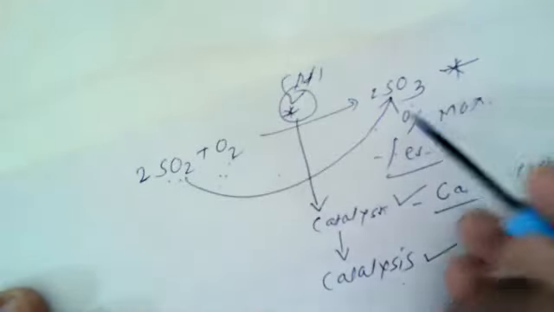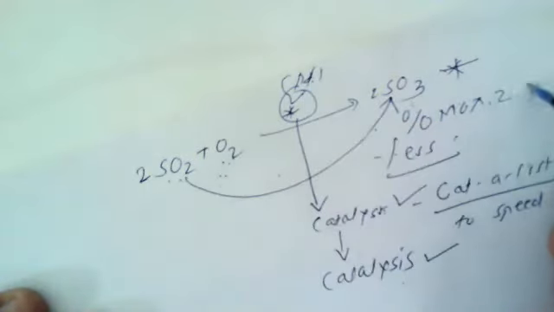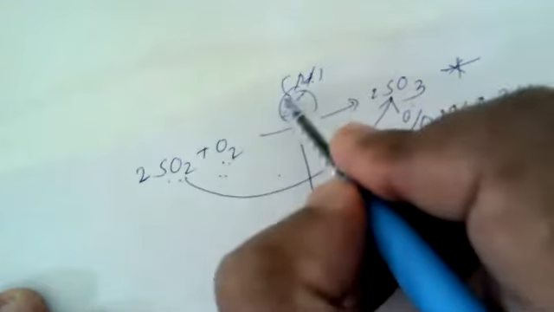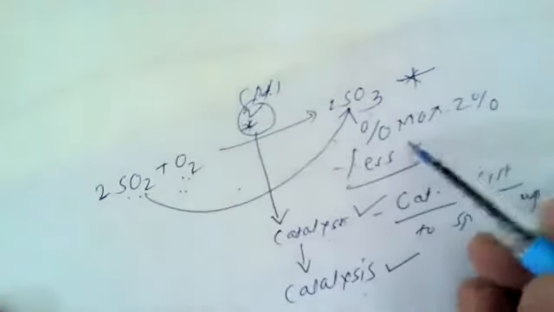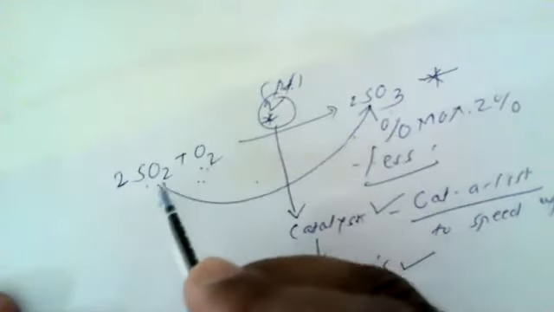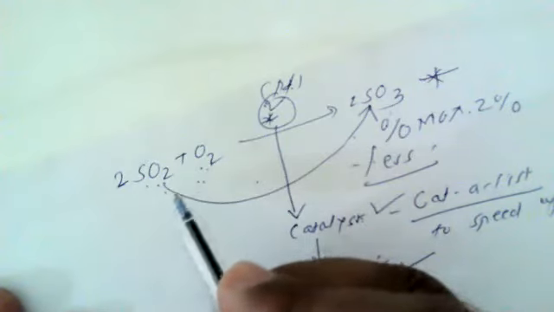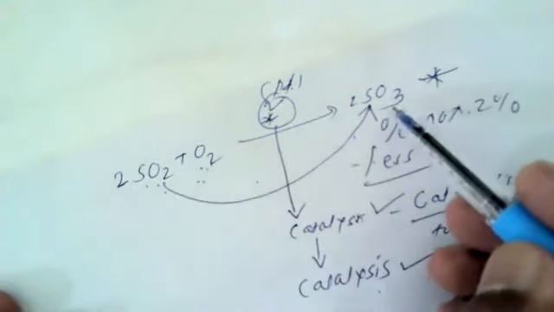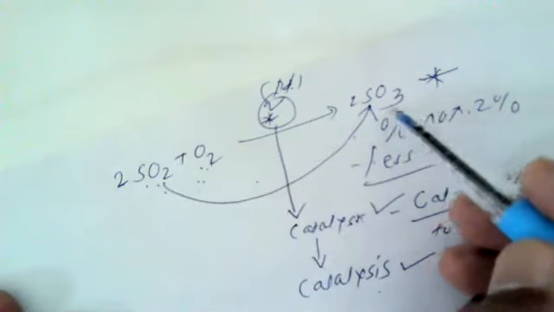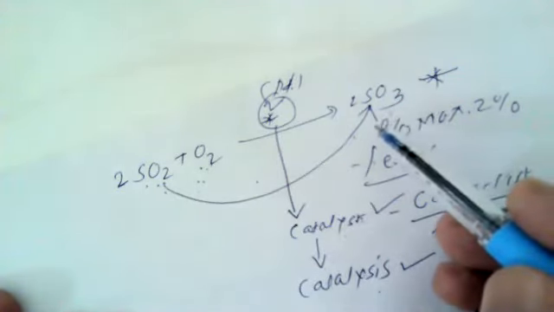In absence of this substance, the percentage of conversion is only 2%. That means whatever quantity of sulfur dioxide we have taken, only 2% is utilized in the formation of sulfur trioxide. The rest, 98%, is unused or unconverted.